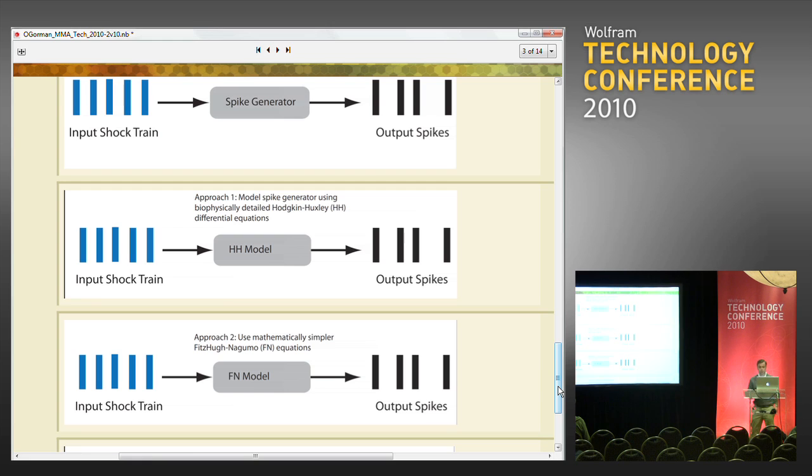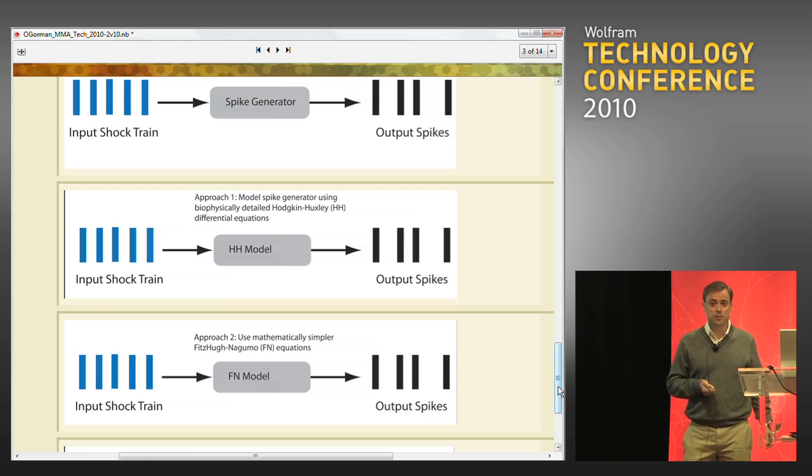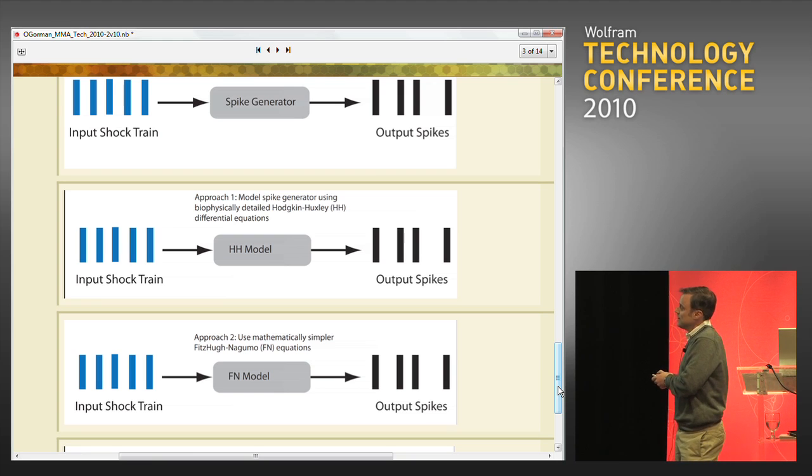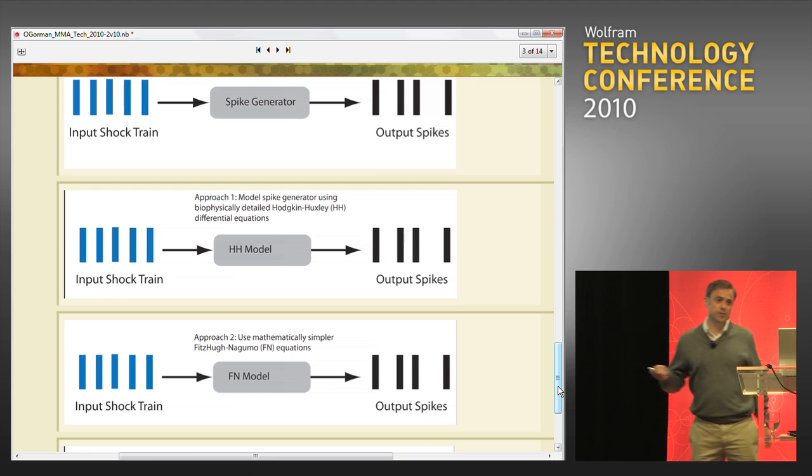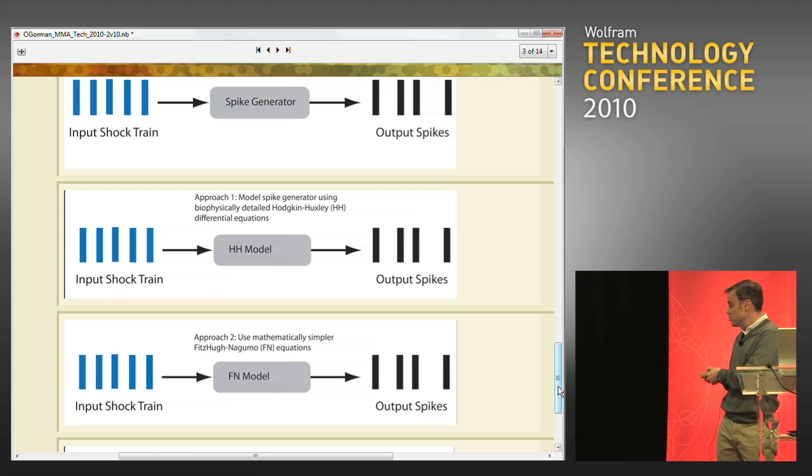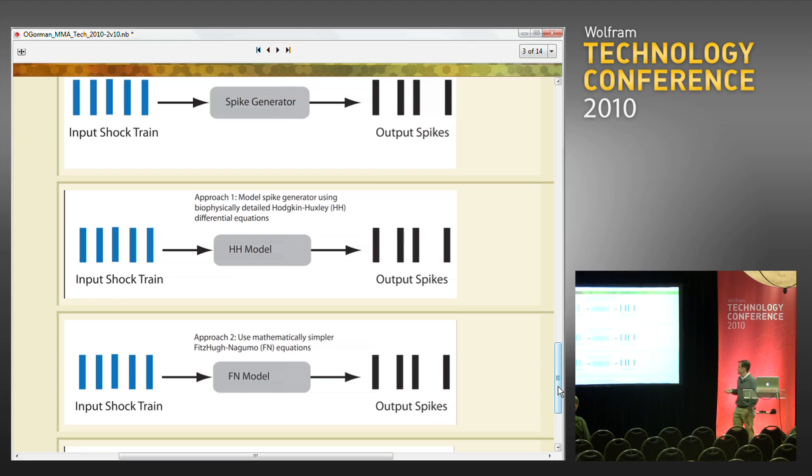One way of approaching this is to model the biophysics of the situation, which are roughly captured by the Hodgkin-Huxley equations. But then there are simple differential equation models you can use of the FitzHugh-Nagumo type, which are related to the van der Pol equations.